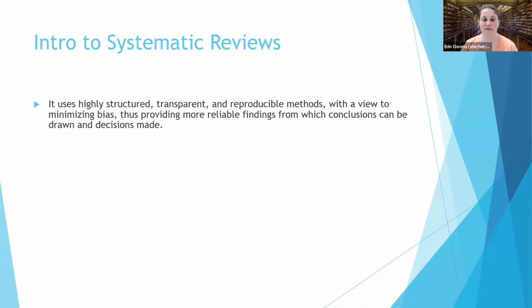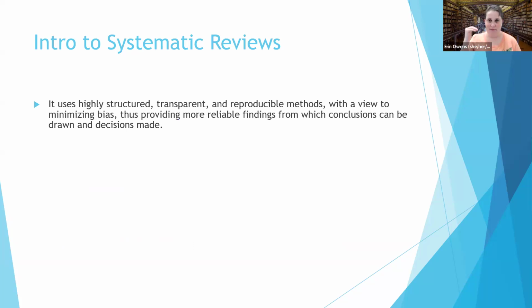Systematic reviews are very, very structured using these very transparent and reproducible methods. So it's almost like if we're doing a literature review, the same way that we would imagine standing at a lab table and doing a chemistry experiment.